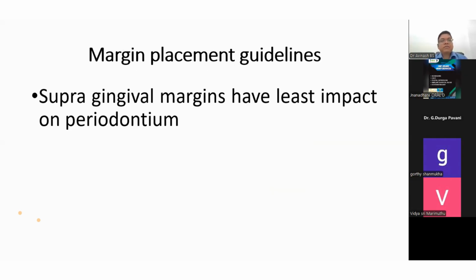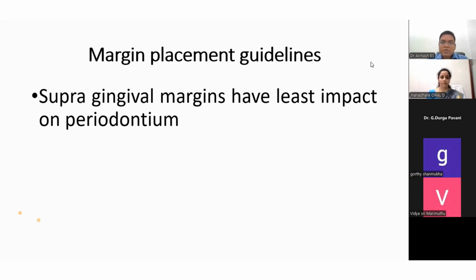Whenever you place any crown or even subgingival restorations, make sure that the margins have the least impact on the gingiva or the periodontium, that is the biological width.